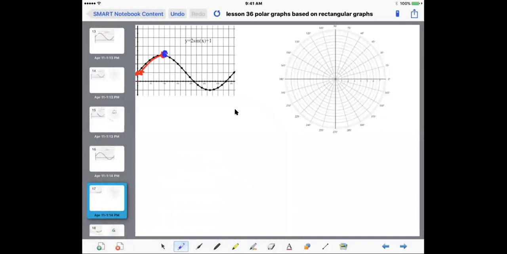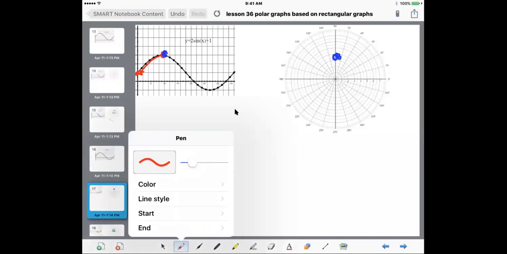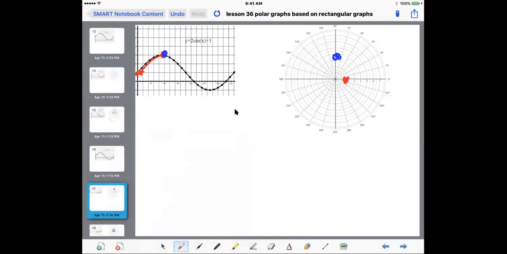Okay, so the blue point is at 90, 3. The red point was at 90, 1. And it's going to spiral outward, like we expect with these limacons.